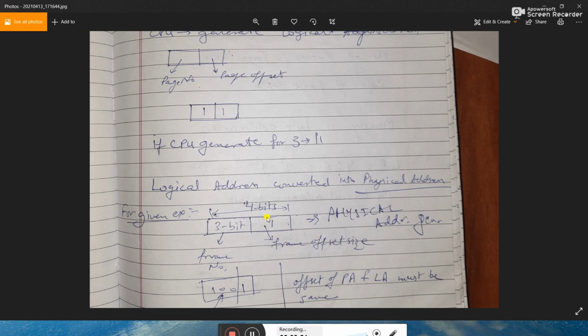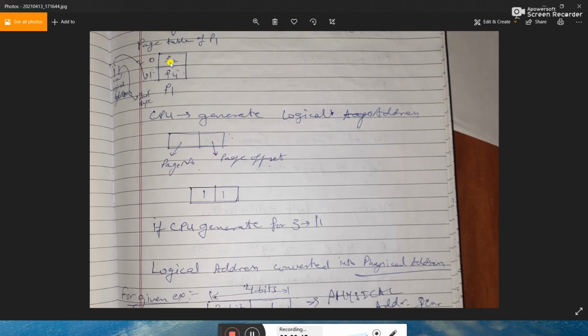Because only 1 bit is needed as the page offset, the frame offset size is 1 bit, and the remaining bits are for my frame number. So 3 bits are for my frame number. You can see that 8 frames can be accessed with 3 bits. So that is the case. Because now we're using this page table, you can see that at page number 1 there is frame number 4.